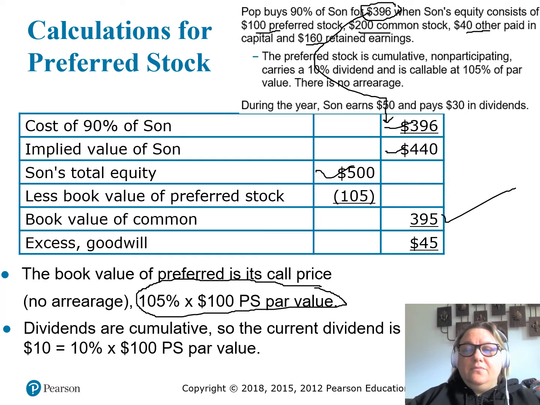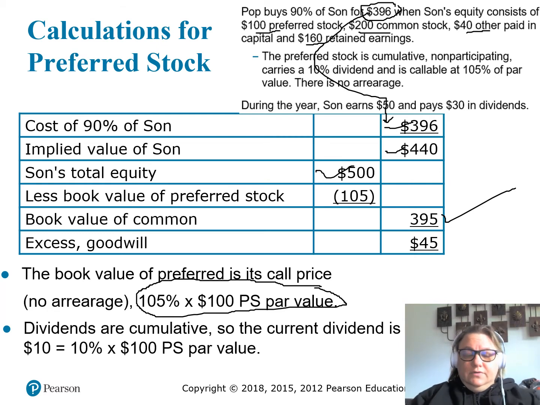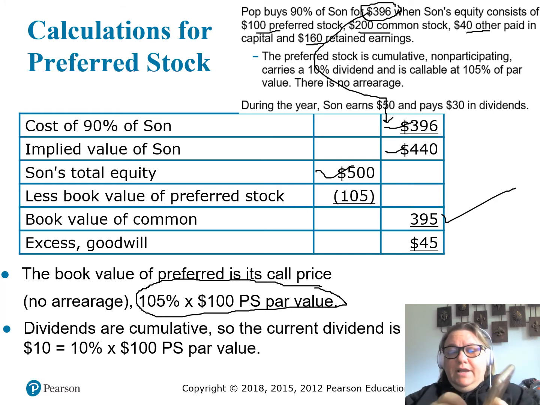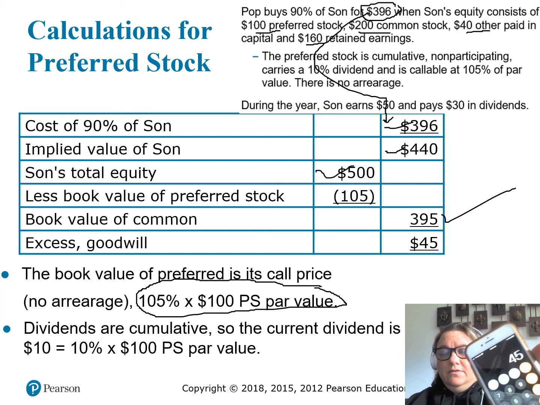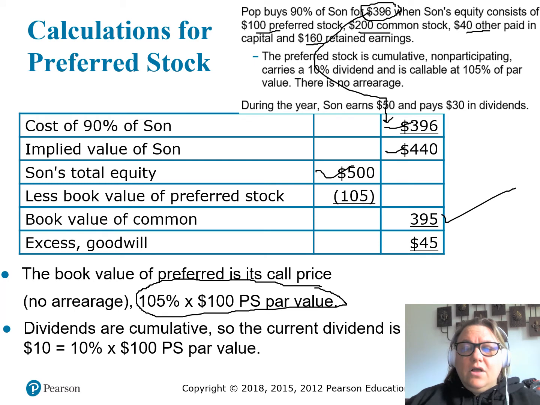Okay, so push this over here to this column, and then take the last little bit, 440 minus 395 equals 45. There you go. There's your goodwill. So these are all our calculations for preferred stock.